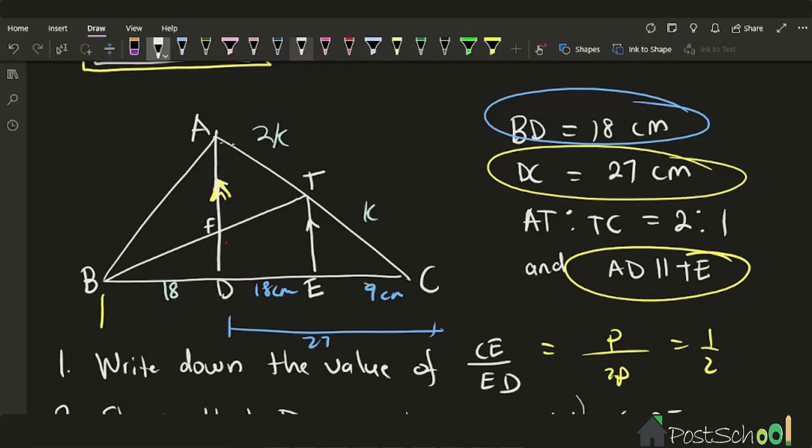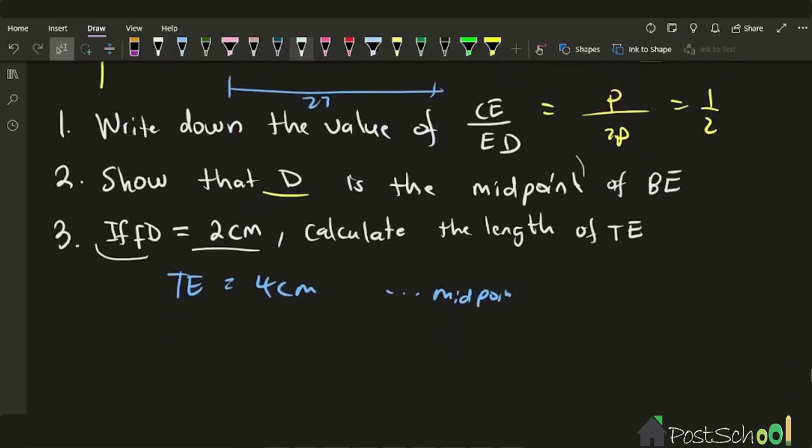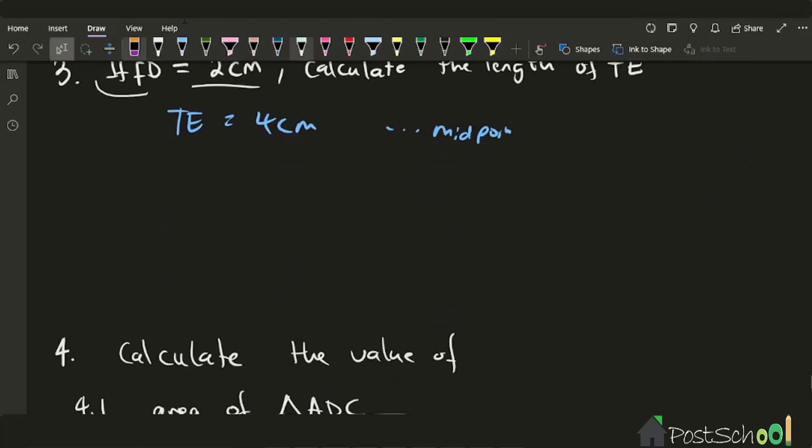Right. So you need to understand in solving these questions.